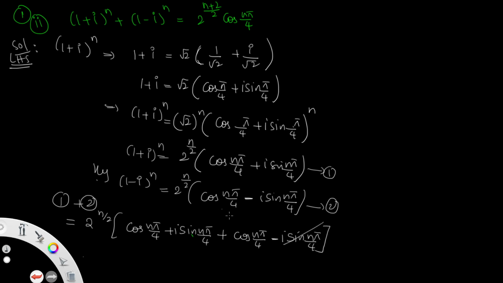The sin terms will be cancelled. That is 2 power n by 2 into 2 cos n pi by 4, that is 2 power n by 2 plus 1 into cos n pi by 4. That is to write here.